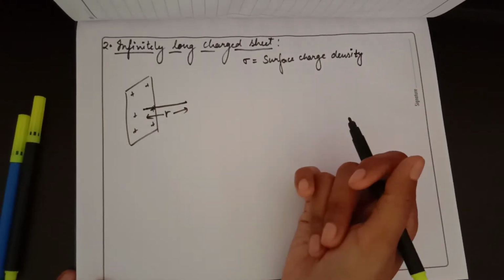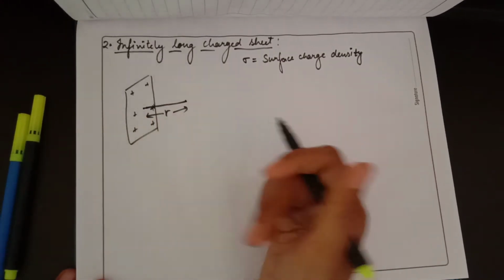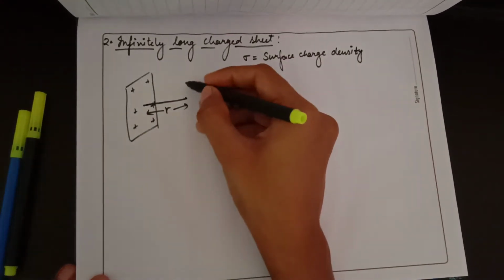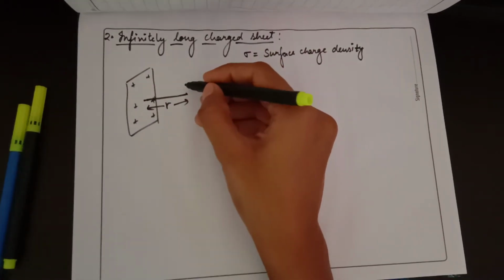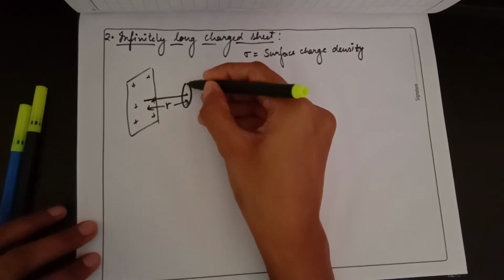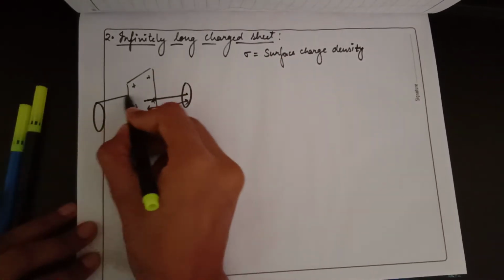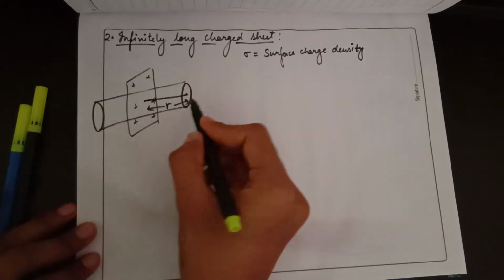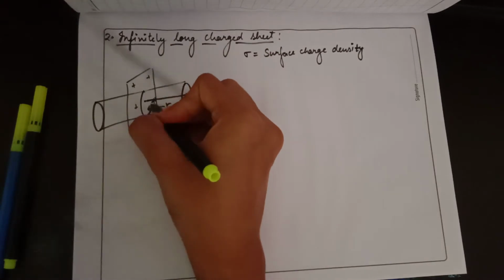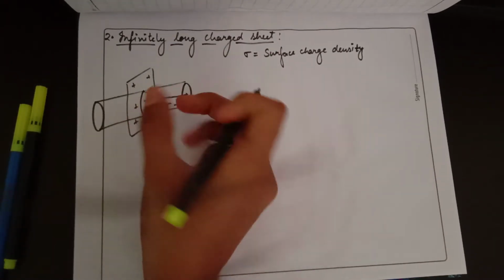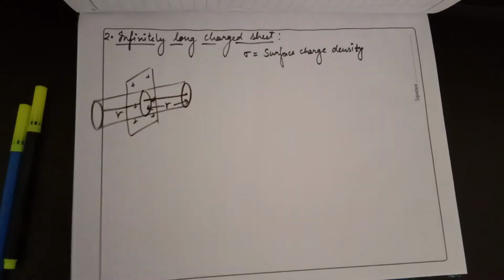Again, when I am applying the Gaussian theorem, I need a Gaussian surface. So to include this point in the Gaussian surface, I will take a Gaussian surface like this. On both sides of this charged sheet, I will consider a long cylinder. If this distance is r, in the opposite direction I will also take this distance as r.